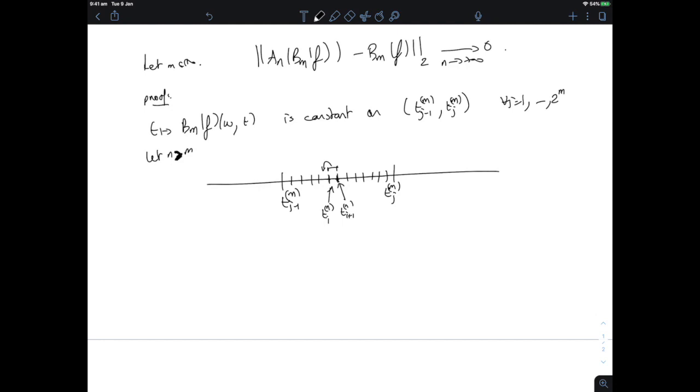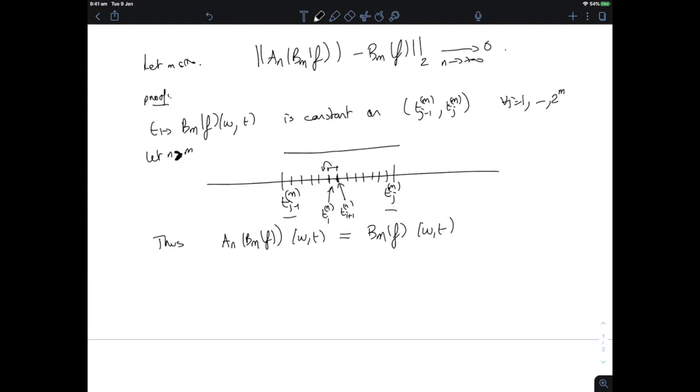So what we have is that An of Bm of f is very often going to be just plain equal to Bm f of omega, t. That's true whenever the interval just before the interval t_i to t_{i+1} is located in the same interval t_{j-1}^m to t_j^m, because then it doesn't matter whether you take the value just before, the process is constant on the entire interval anyway.